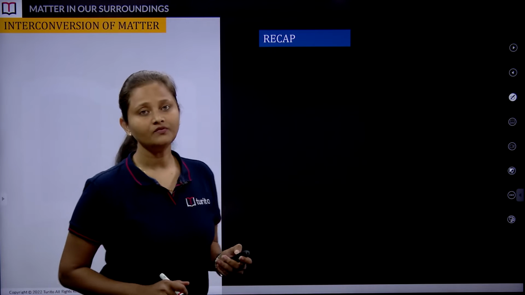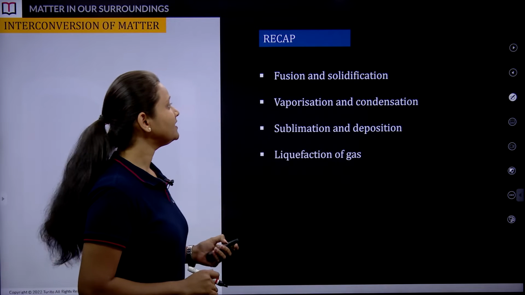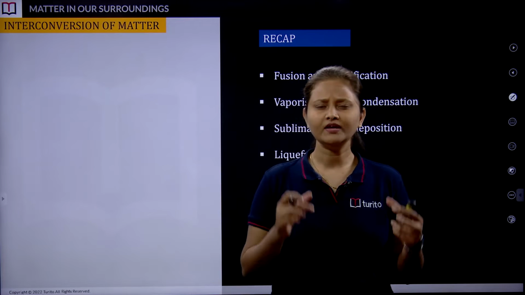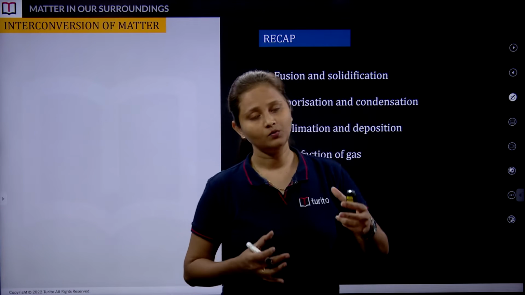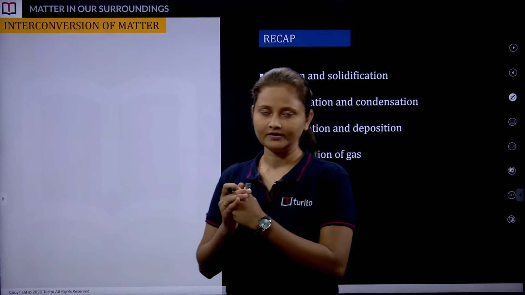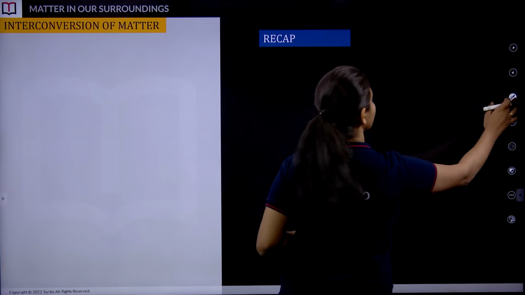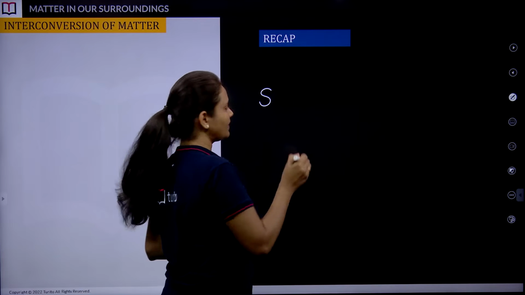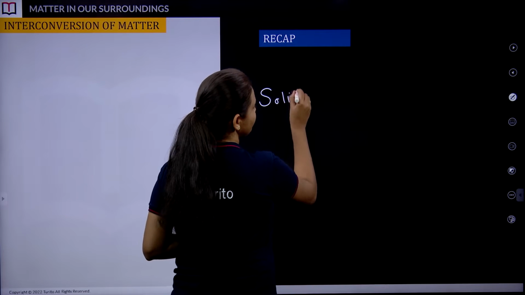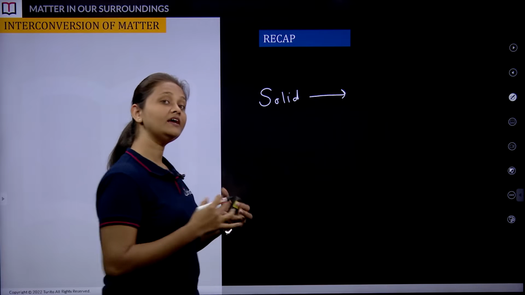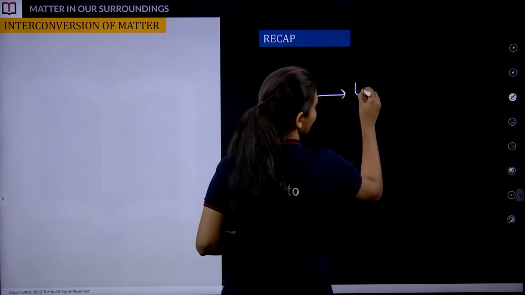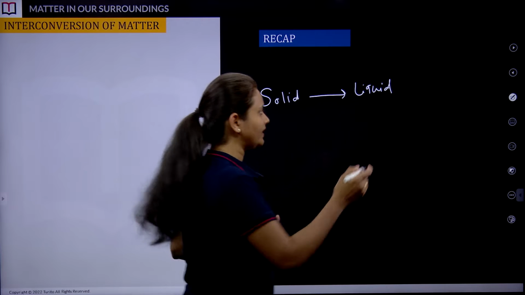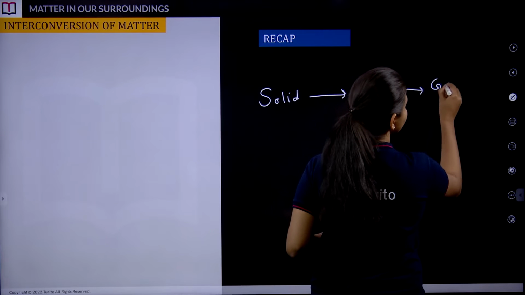So in the last session, we were discussing interconversion of matter, correct? Here we studied that we can convert one state of matter into another. If I have solid particles, this solid state can get converted into liquid, correct? This liquid can get converted into the next state, that is what?